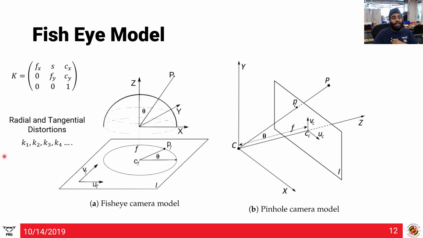If I want to write the distortion, it will be something like 1 plus k1 theta squared plus k2 theta to the power 4 plus k3 theta to the power 6 and so on. As my angle or field of view increases, these factors can go from k1, k2 up to k6 or k7, something like that, right? This is called the rad-tan model, or radial tangential model, describing how these parameters affect wide field of view cameras.